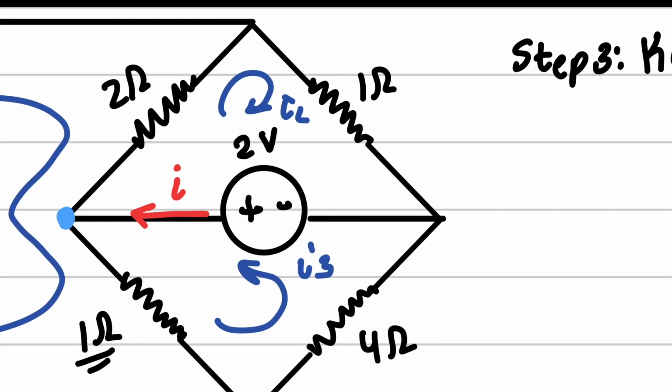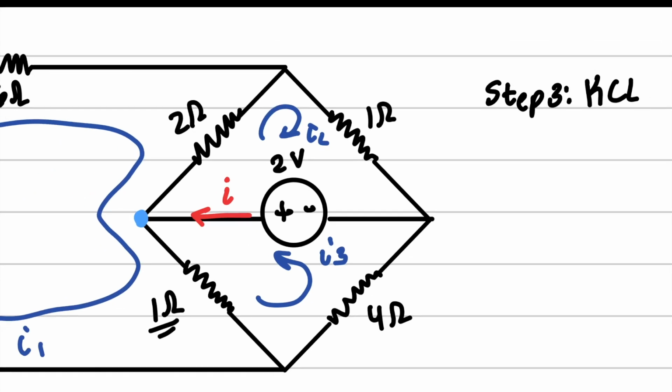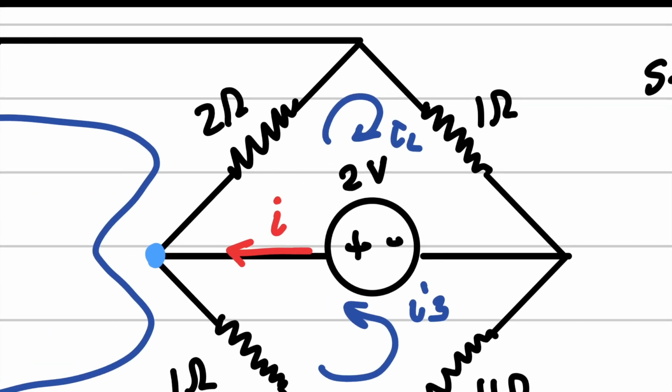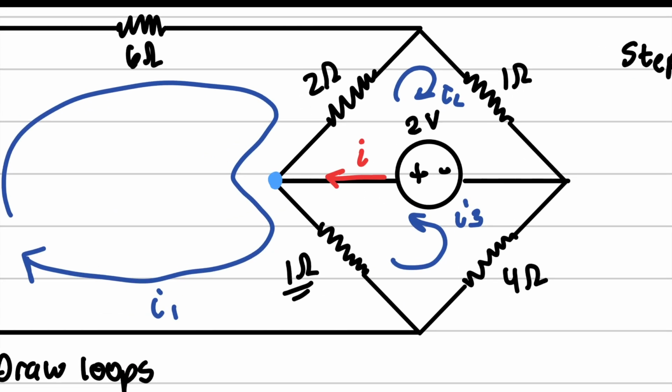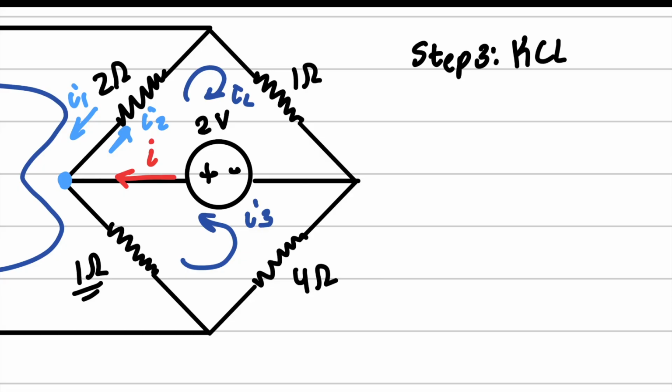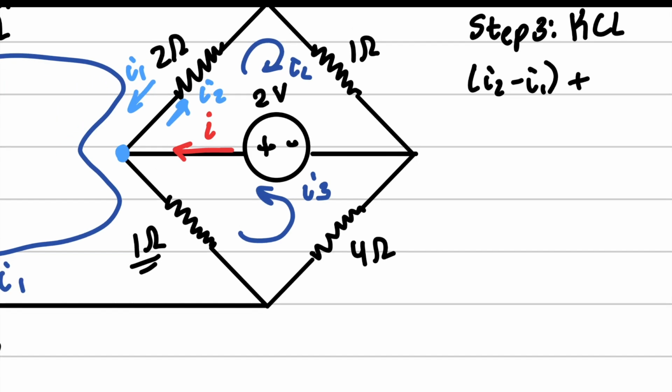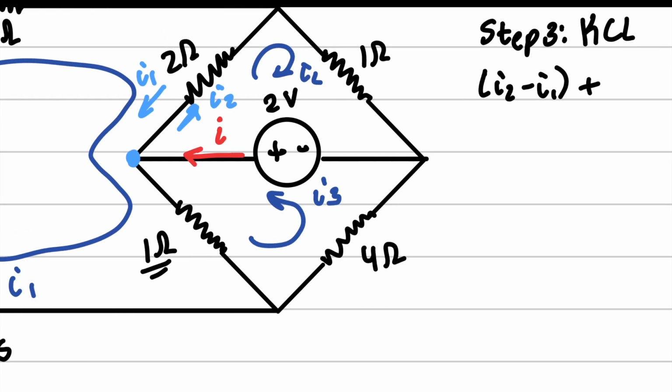And now we're going to identify what is going into what. So right here, we have I1 going in. We have I2 going out. So our first branch would be I2 minus I1 plus, and we've got I1 and I3 going out.